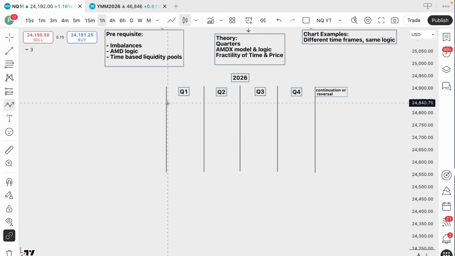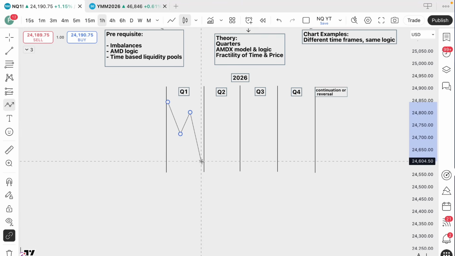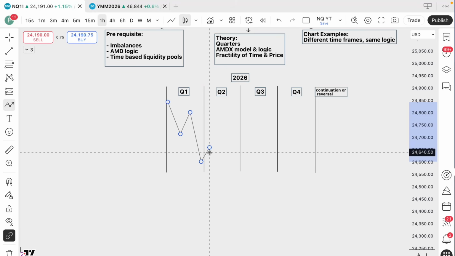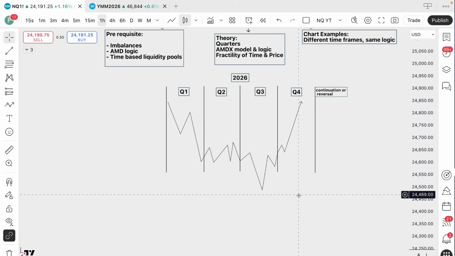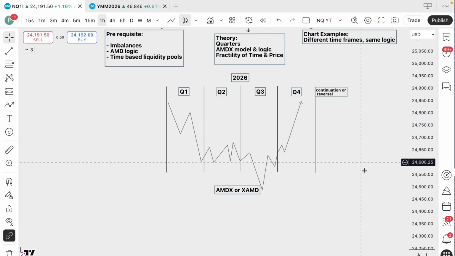So this could be your retracement of the year. Q2, now what does it become? It becomes your accumulation. All right, now we can get the manipulation, and finally Q4 will be the distribution. That's it. That's the best way to divide a time period.